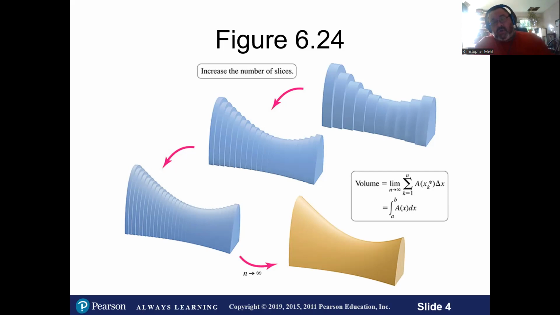By taking n to infinity, that also drives the width down to 0, so delta x also goes to 0. And the limit as n goes to infinity of this sum of the cross-sectional area times the width is the integral from A to B of A of x dx.